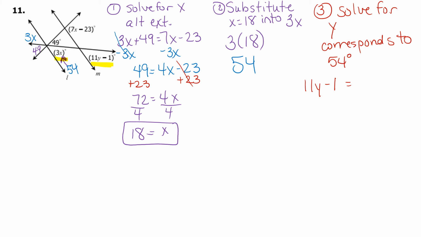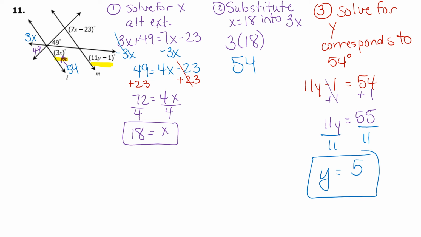That's going to be equal to 54 because corresponding angles are congruent. We want to add 1 to both sides, which leaves me with 11y equals 55. And then your final step is to divide by 11. So y equals 5. So what started out as a very complex looking problem ended up being fairly easy to solve.